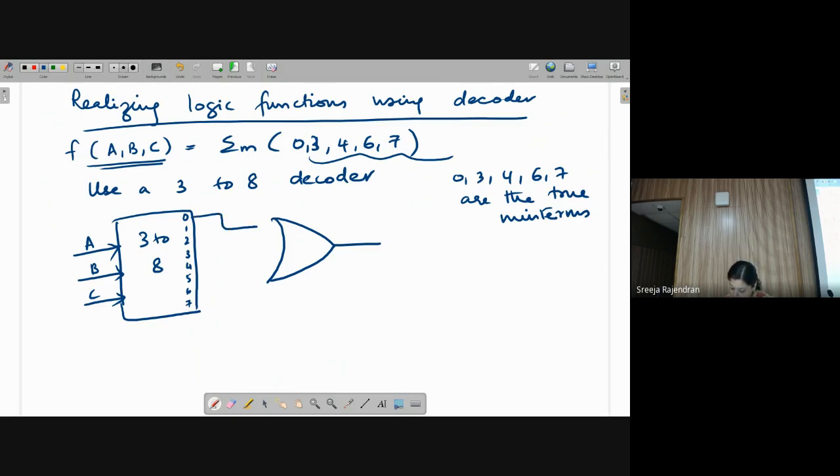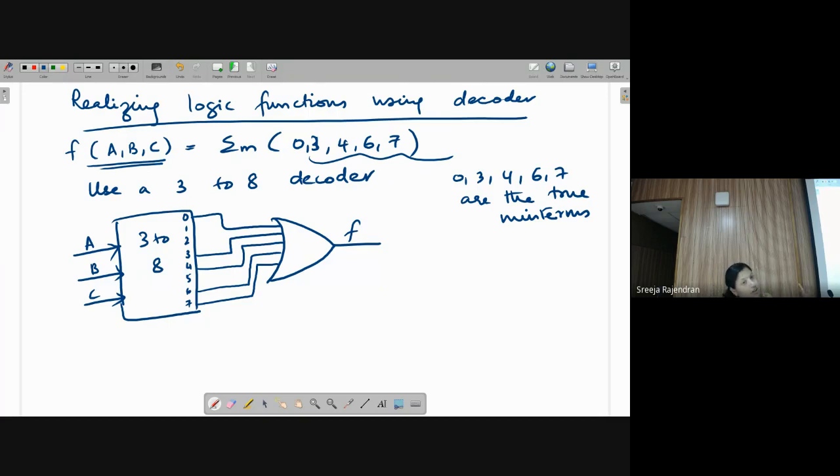From 0 I give here. Okay, so this will be my function. If I write it as an expansion from this minterm equation, it is going to be a bar, b bar, c bar plus, and so on. The same thing, all those minterms I'm adding here. So OR is for that.